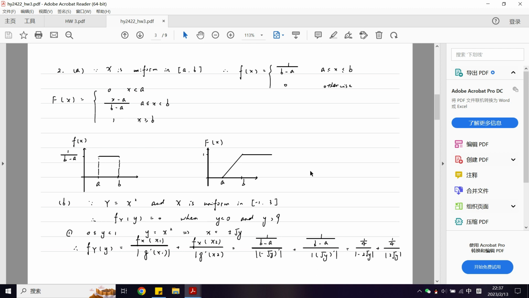When y is smaller than 0 or bigger than 9, small fy will be 0. Since we could not find a value of x, we then need to discuss two conditions. The first one is when y is from 0 to 1, and at that time x has two roots.